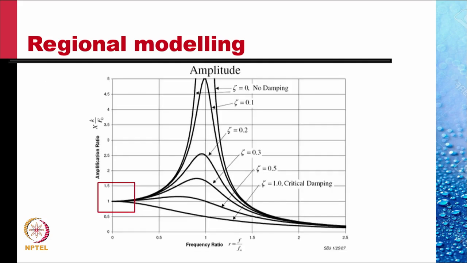This represents the amplification of a spring-dashpot-mass model that we discussed. For lower frequency ratios, f divided by fn, the natural frequency, when this is low, this is mass-controlled motion.